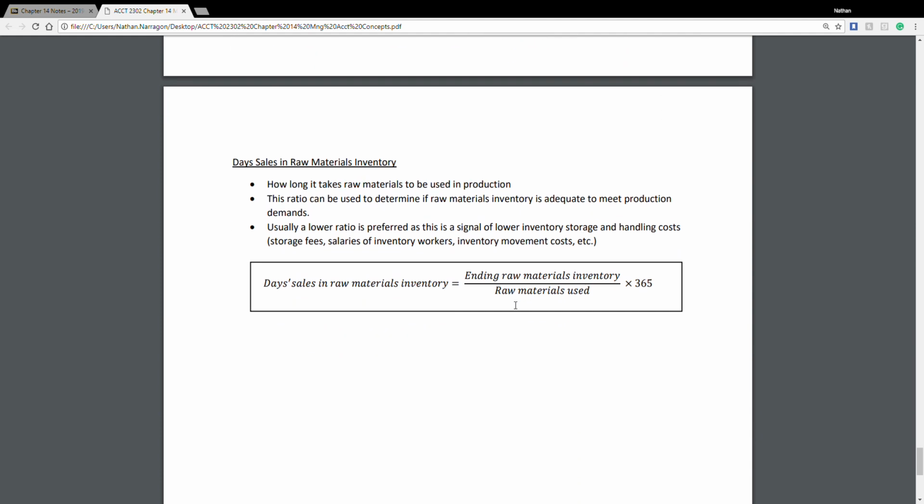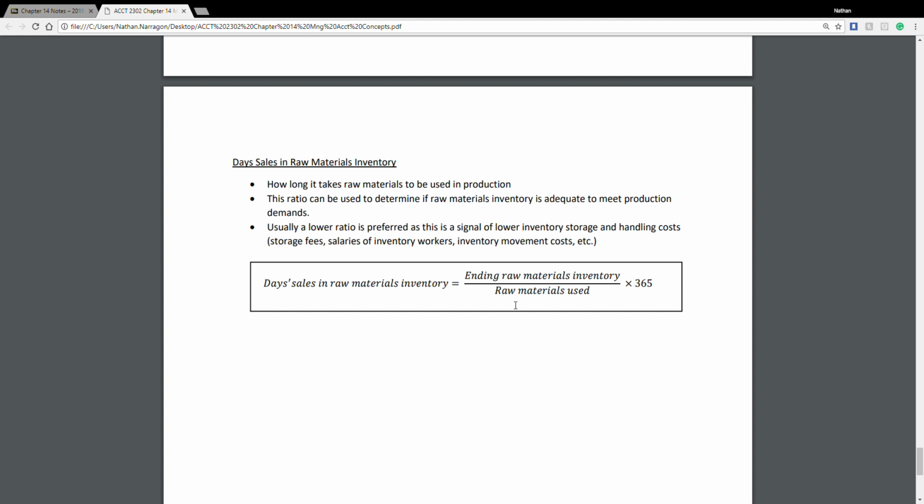The other thing is days sales in raw materials inventory. Basically, we want to find out how long it takes us to make the product. So take the raw materials to be used, and it's going to determine if the raw materials inventory is adequate to meet production demands.